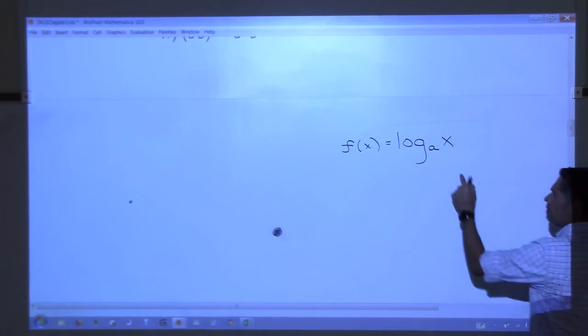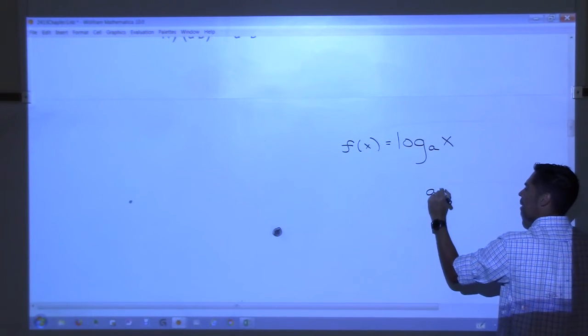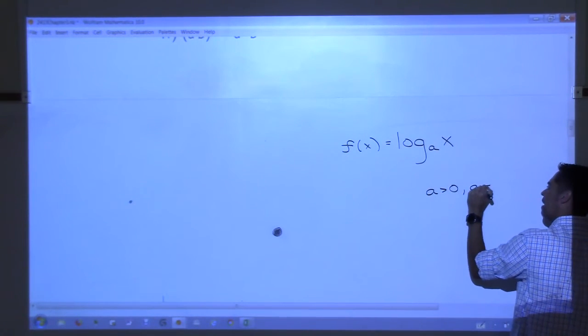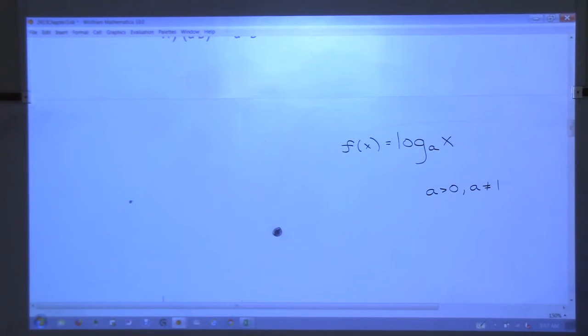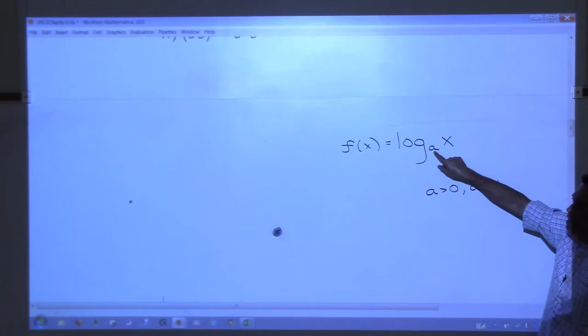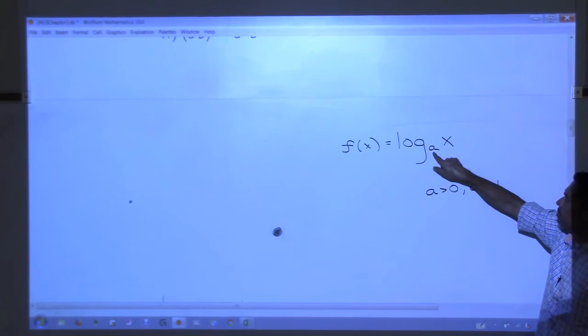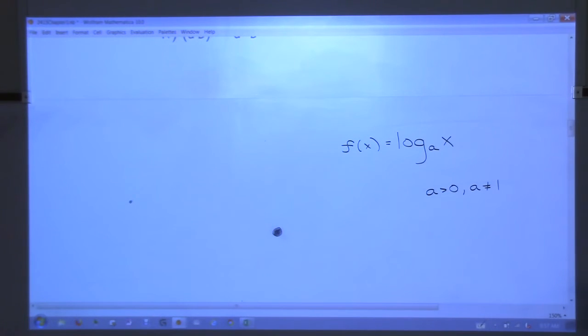And the restrictions we had were, again, that a had to be positive and a could not be 1. So you could replace this right here. This is called the base of the logarithmic function. You could replace it with any positive number except for 1. So you could have like log base 2, log base 5, log base 10. You could even have fractions in there, log base 1/2.